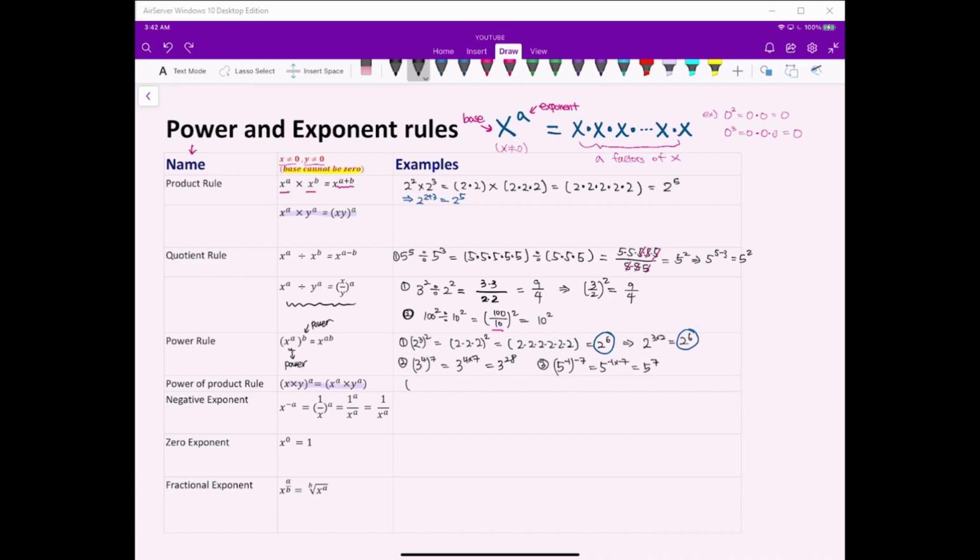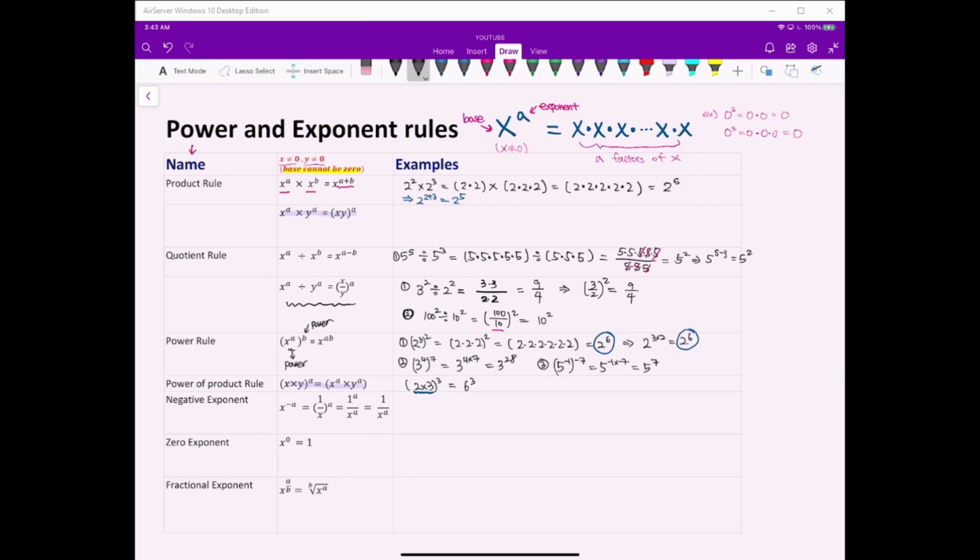For example, we have 2 times 3, to the power of 3. Then you can reduce it by multiplying 2 and 3 first, which becomes 6 cubed. That's one way.